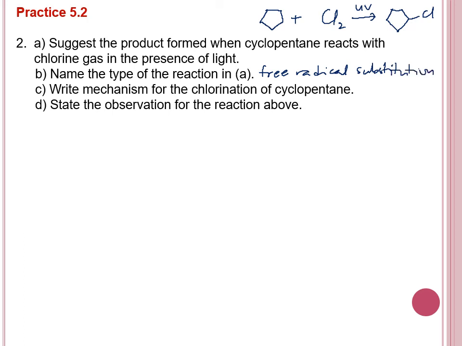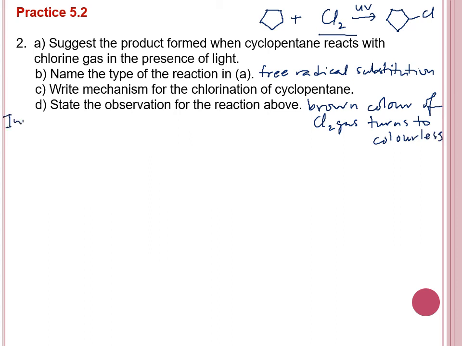Okay. Write the mechanism for the chlorination of cyclopentane and state the observation for the reaction above. The observation would be the brown color of chlorine gas turns to colorless. That is the observation. So now let's do the initiation process.